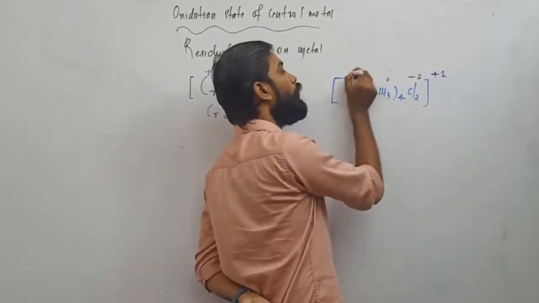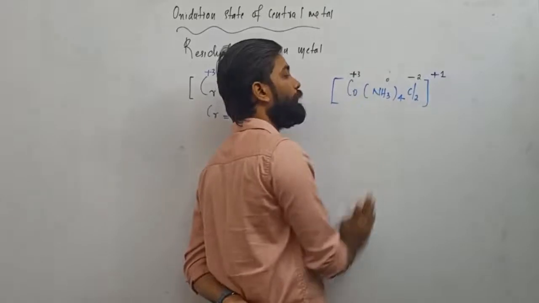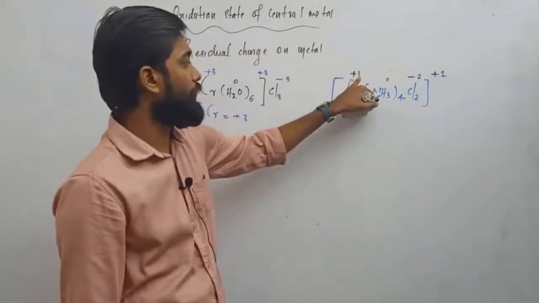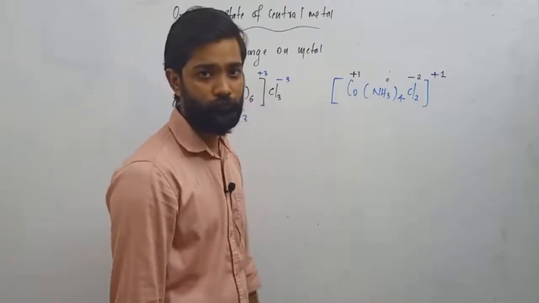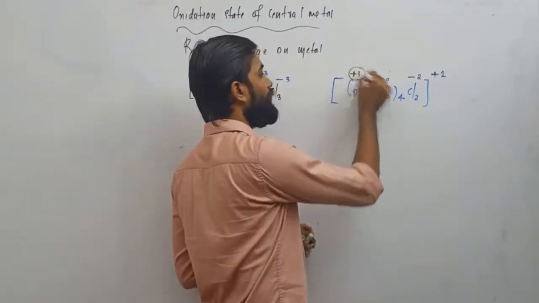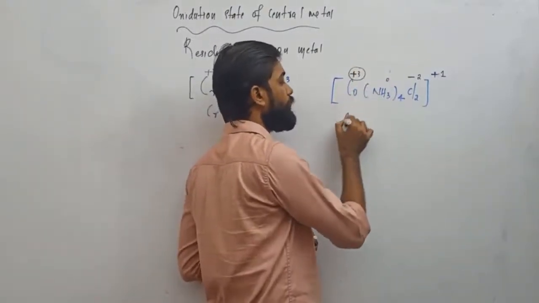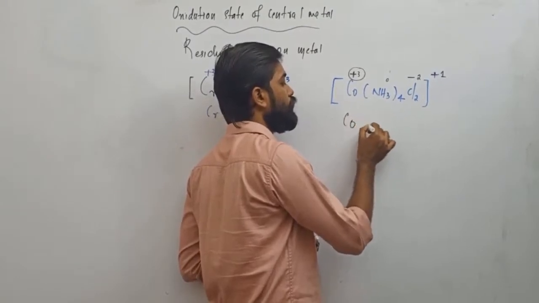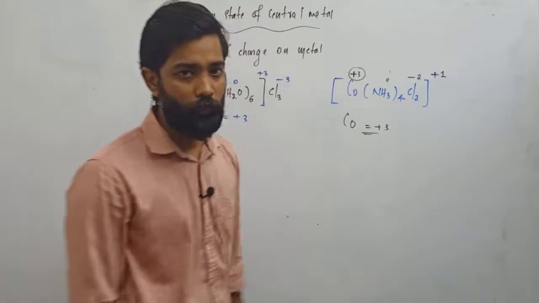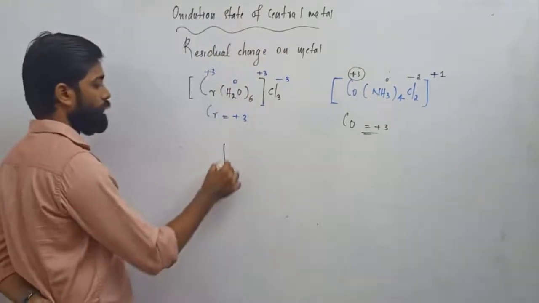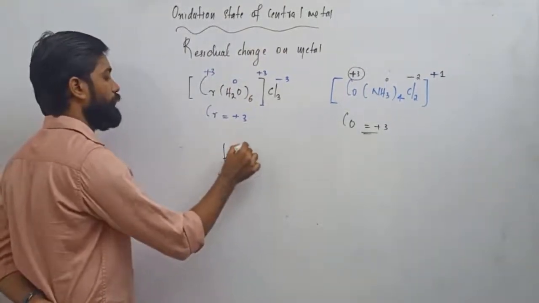So no doubt your cobalt should offer +3. If your cobalt offers +3, then only +3 -2 becomes +1. So by treating it in the proper way, you obtain the residual charge. So cobalt is equal to +3. I'll give you another example.